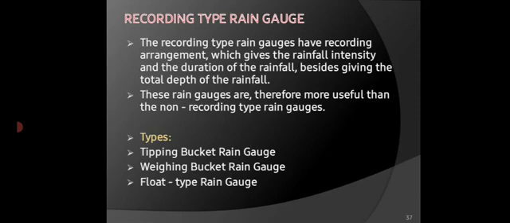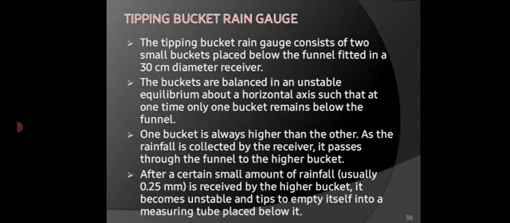In the recording type rain gauge, we can directly get the depth of rainfall from the instrument itself. There are three types of recording type rain gauge: tipping bucket rain gauge, weighing bucket rain gauge, and float type rain gauge. Let's see the tipping bucket.